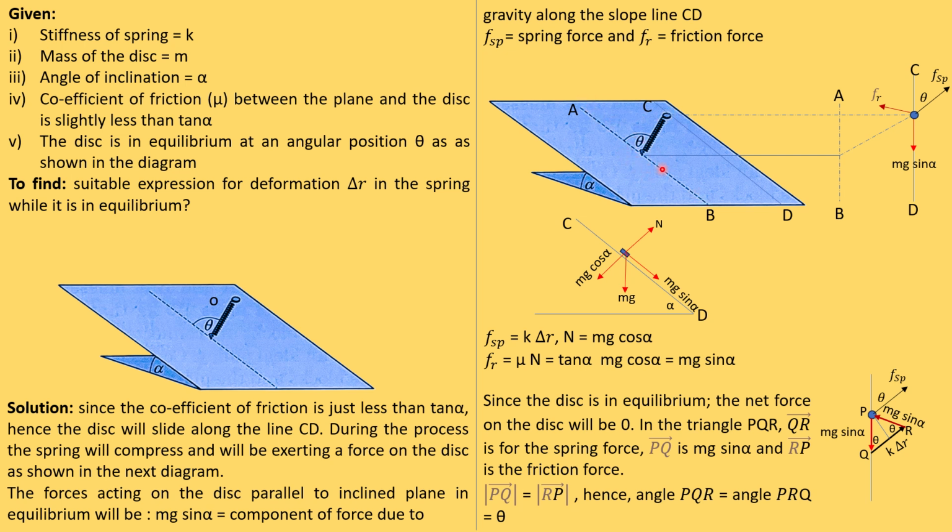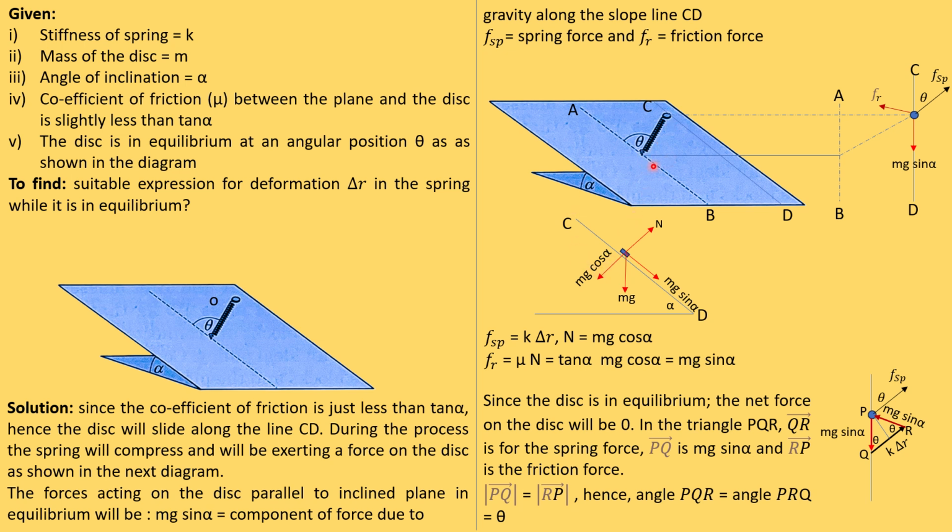The nail is over here. So the spring force must act outward in this direction, so that one of its components, in addition to the friction force, will counterbalance the component mg sin alpha along CD. This means the spring should be in compression.